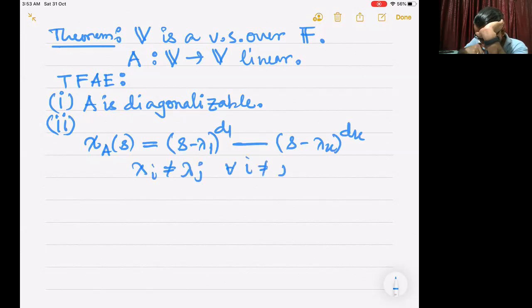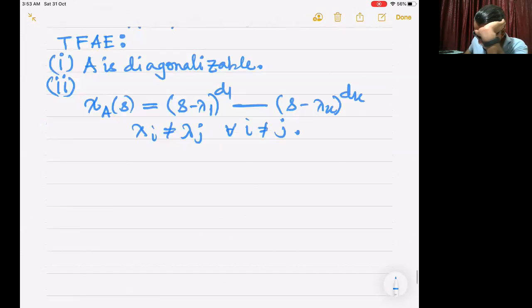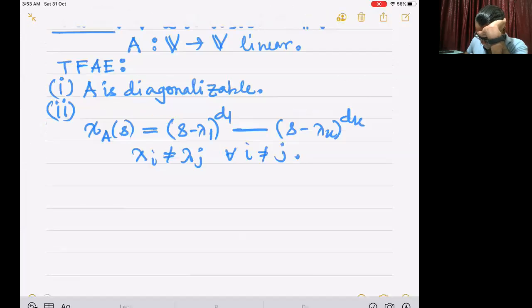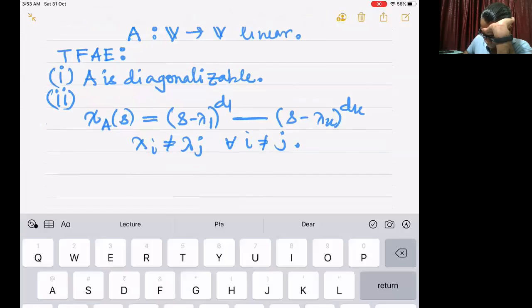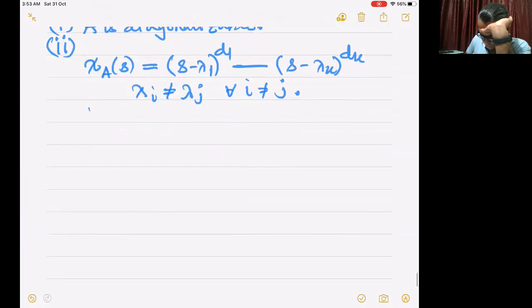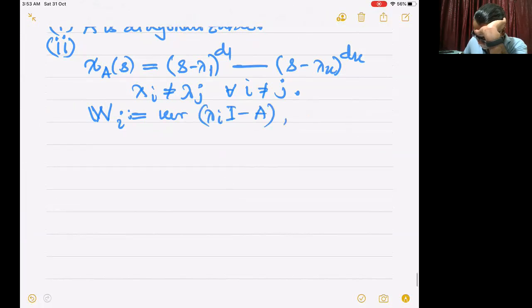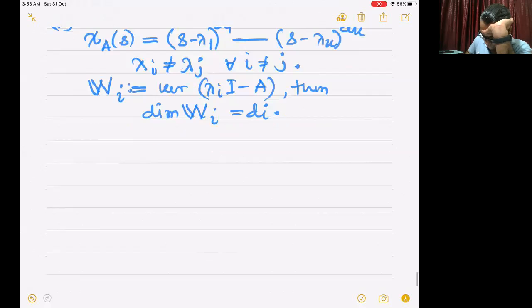That means these are distinct eigenvalues. Define W_i as the kernel of lambda_i I minus A. Then the dimension of W_i is equal to d_i. This is the number two statement.